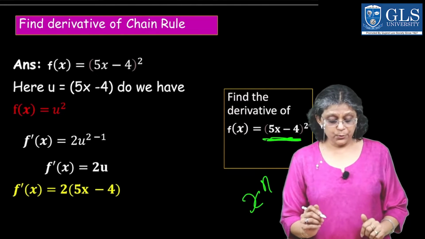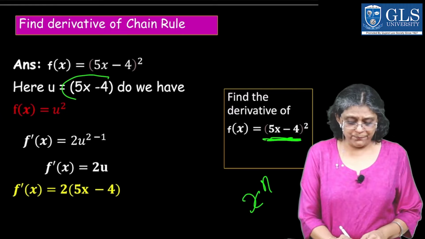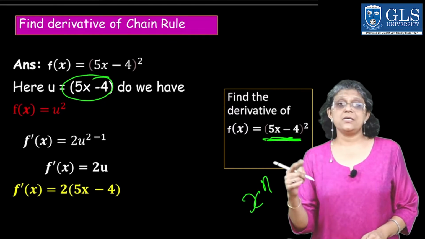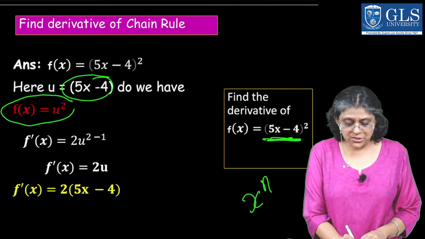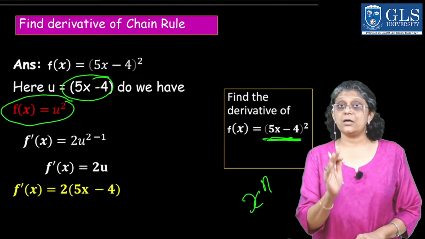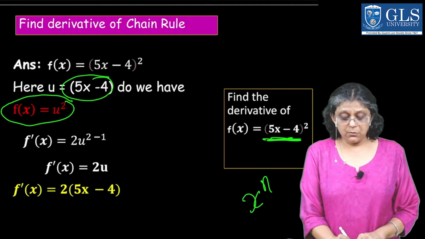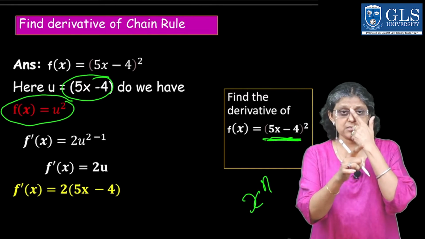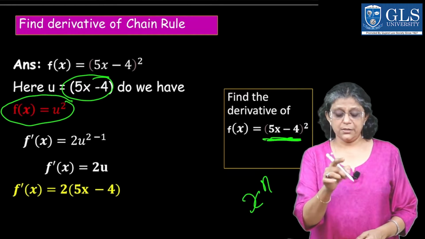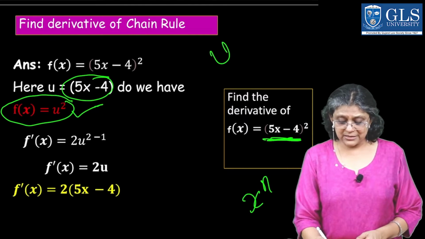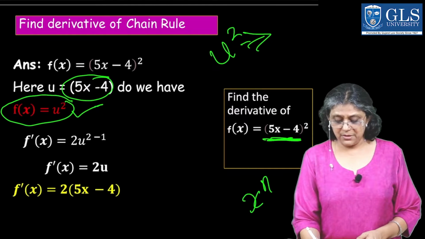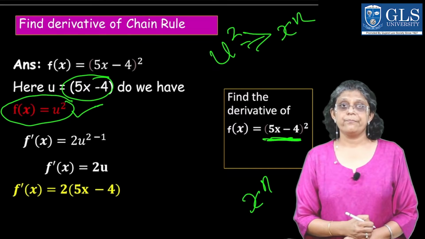So first we assume that u is equal to 5x minus 4. Now see, this equation will turn into what? I think you are clear now. u is equal to 5x minus 4. So what is f(x) now, student? It is equal to u squared. Clear? How does u squared look? I think it is similar to x raised to n only.